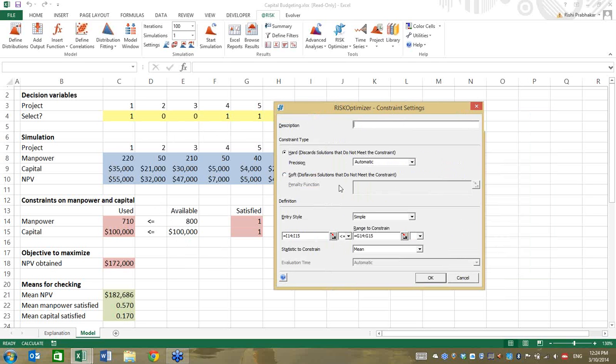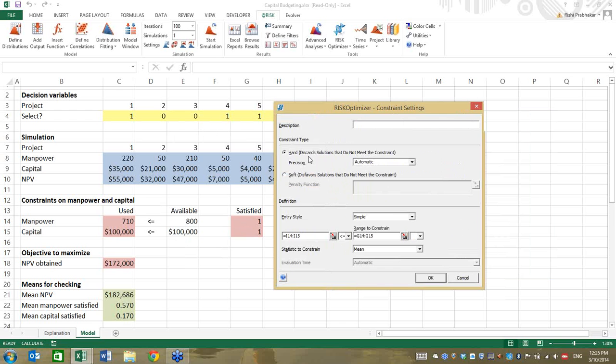One we've discussed previously in the optimization webcast, and that is to use a soft constraint. Whenever you think you need to use a soft constraint, do so. They're an excellent tool whereby they penalize solutions that exceed constraints but do not automatically reject them.